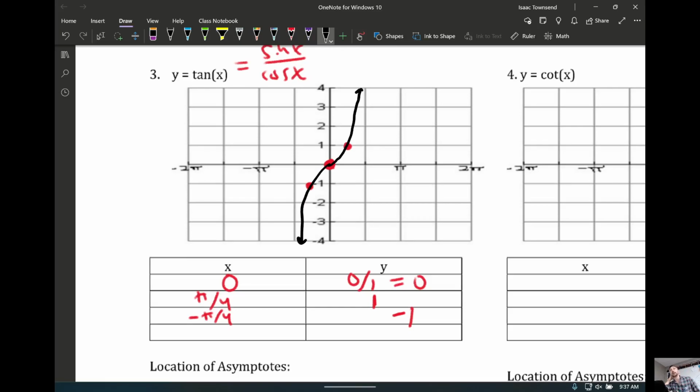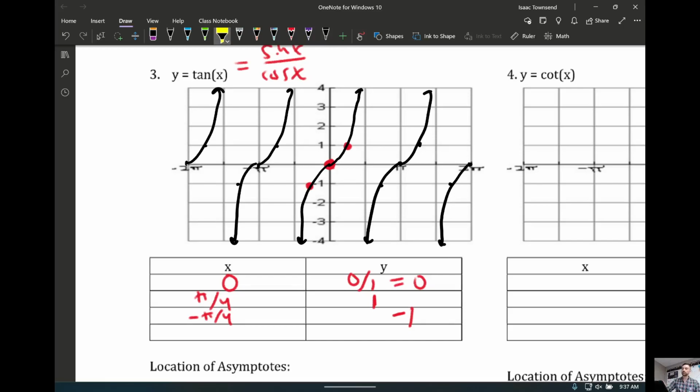This is what one cycle of tangent looks like. So copy that over again and again and again. Now, the reason why I think this is so important here is you're going to see that the cotangent graph looks very similar to the tangent graph.